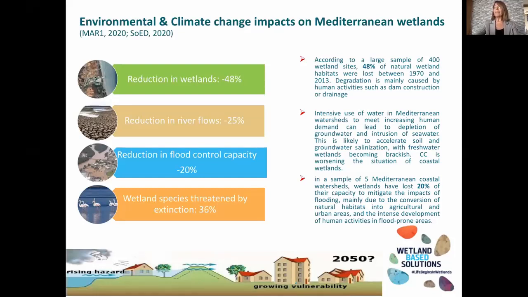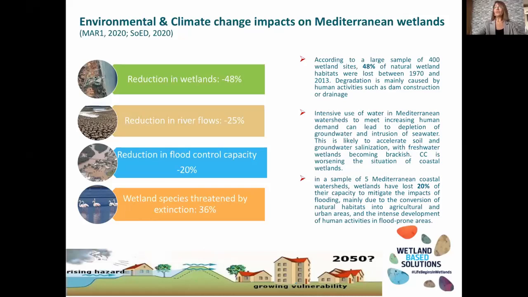Nous aurons également une réduction des débits des rivières de 25%, due à l'utilisation intensive de l'eau dans les bassins versants pour répondre à la demande croissante des besoins humains, qui vont certainement entraîner l'épuisement des eaux souterraines et l'intrusion d'eau de mer, et qui va être aggravée par l'élévation du niveau de la mer.